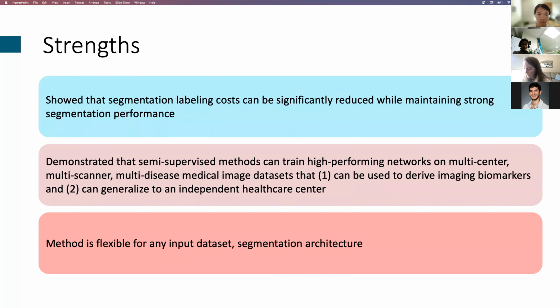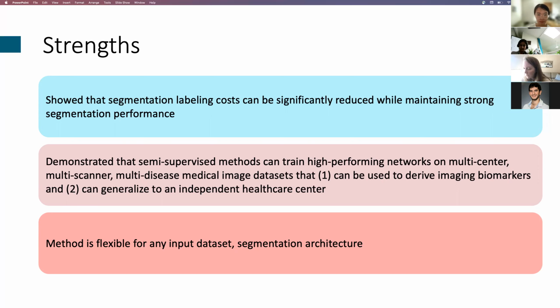So, wrapping up, I think there are some strengths to the system. One, it's convenient if you're training segmentation networks. This might be a nice way to lower your costs, or at least get some sort of semi-automated segmentation pipeline up and running. One thing that was interesting here is that we were able to evaluate these clinical metrics and evaluate on a generalization data set.